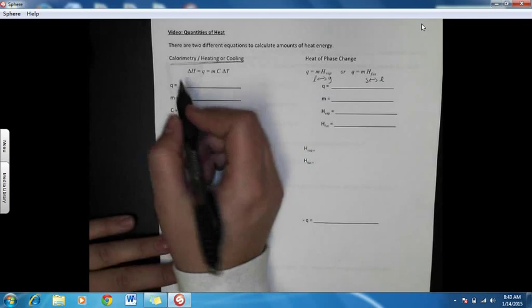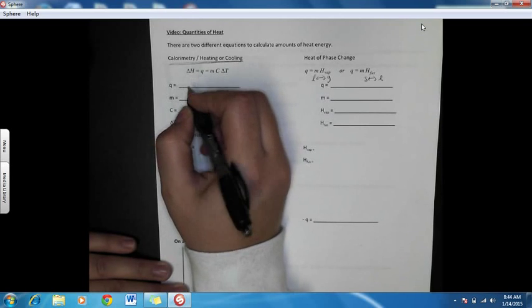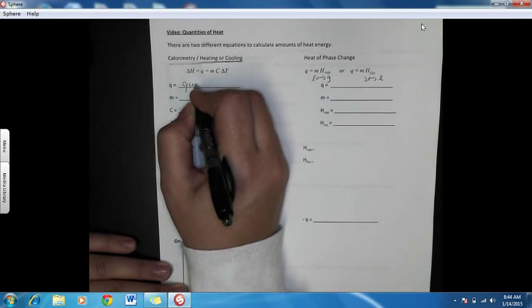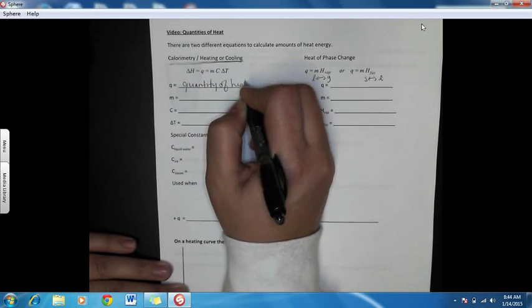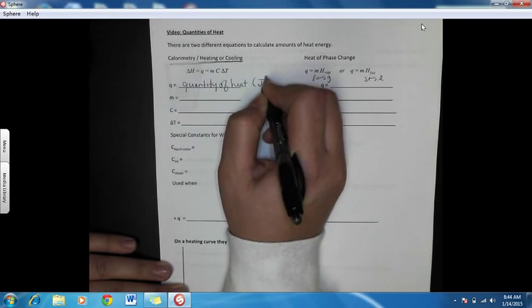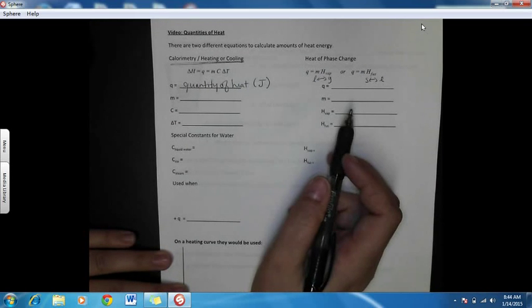So let's review the variables. Q is the quantity of heat. And the unit that we use for heat is joules. We can also use kilojoules, but in these two equations we're going to use joules.